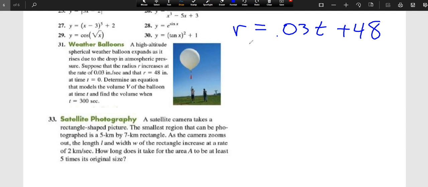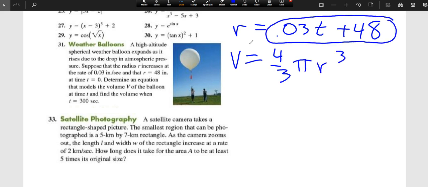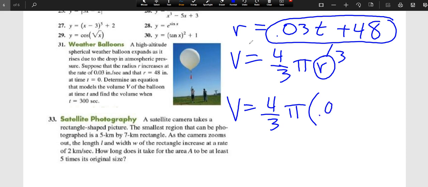Determine an equation that models the volume of the balloon at time t, and determine when the volume. Okay, so volume equals 4/3 pi r cubed. So I'm guessing that they want me to substitute this in for this. And no, I am not going to FOIL that out. Okay, we're just going to leave it as is.